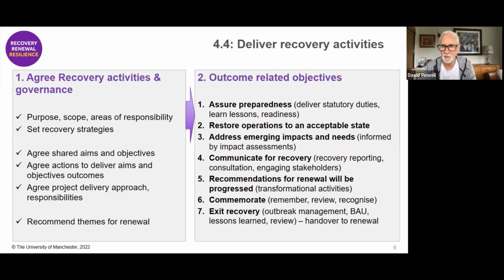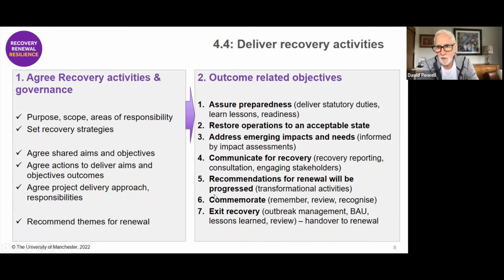You know, sit down and actually agree what it is you want to achieve through the recovery process itself, and then agree what activities will be required, what tactical activities, I guess, in order to deliver those strategic aims and outcomes. And then talk about what we call project delivery. So program management, project management, you know, whatever governance structure is appropriate for the way you work normally to ensure that people do what they commit to do through this process.